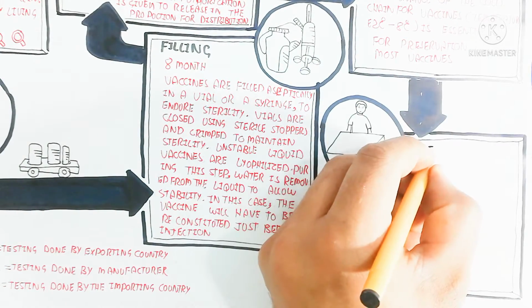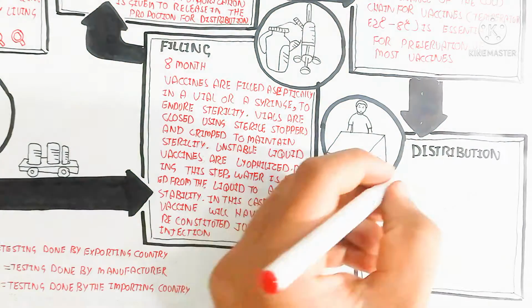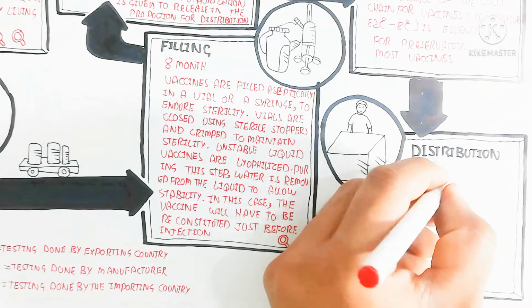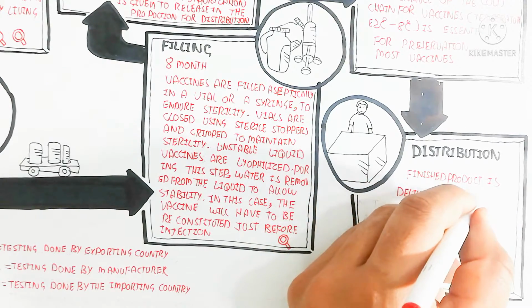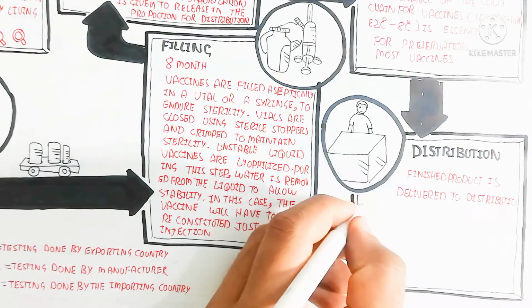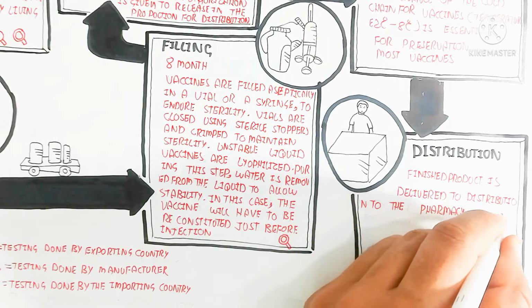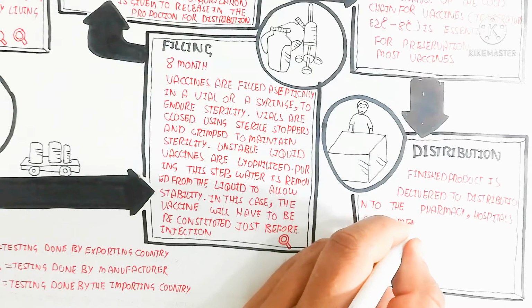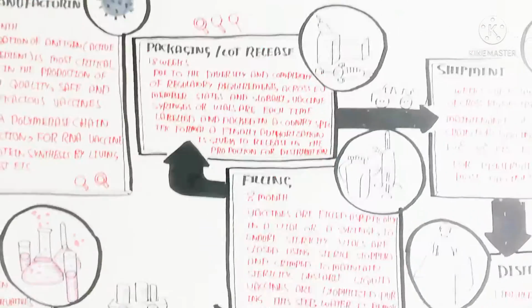The last step is distribution. The finished product is delivered to pharmacies, hospitals, government, wholesale, or other places where the vaccine is required, where the disease is more prevalent.